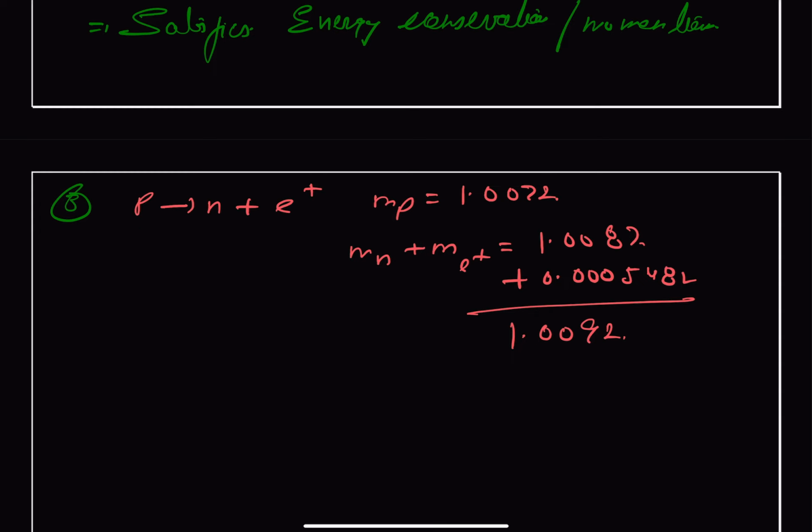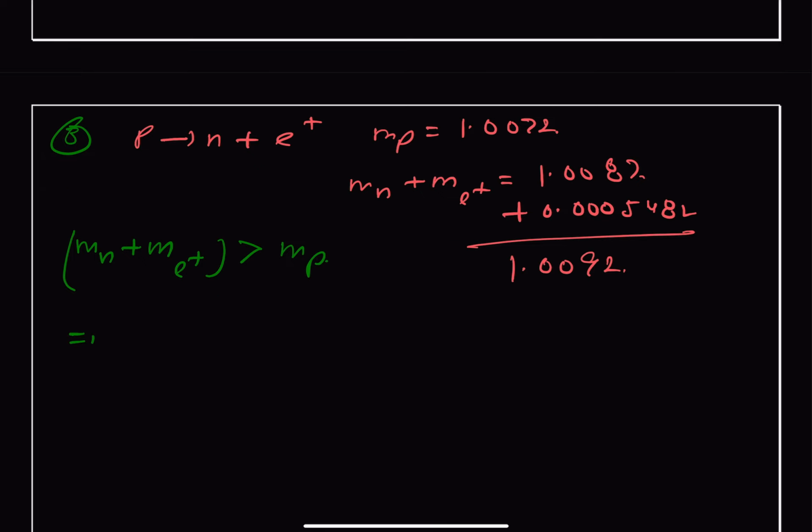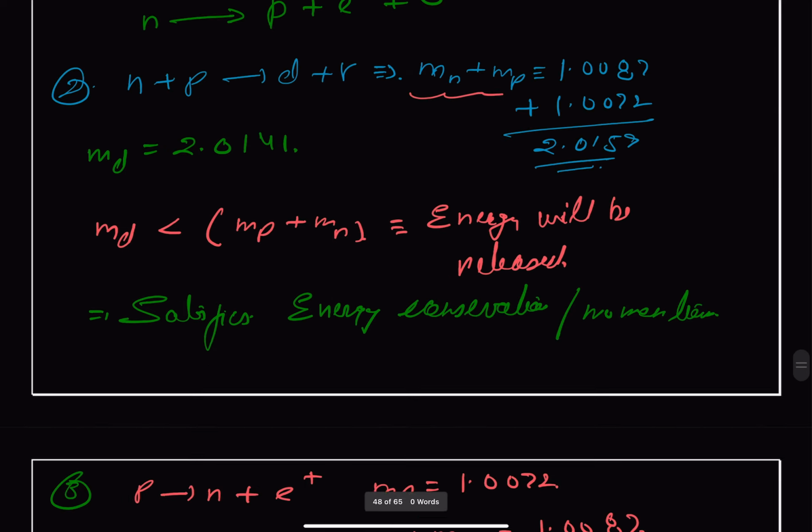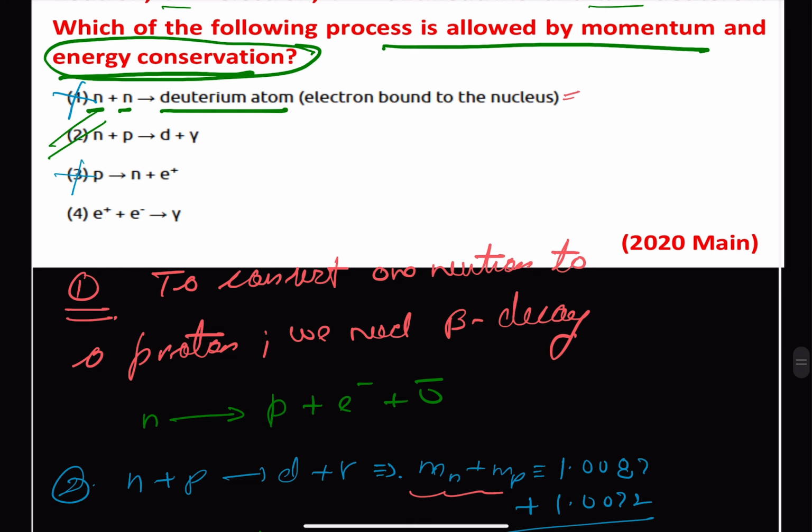So from here we can say that our product mass, that is Mn plus Me positive, is greater than our reactant mass, which is energetically not possible. So conservation of energy fails, that is, energetically forbidden. Therefore option number 3 is incorrect.